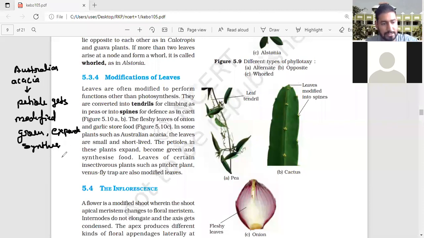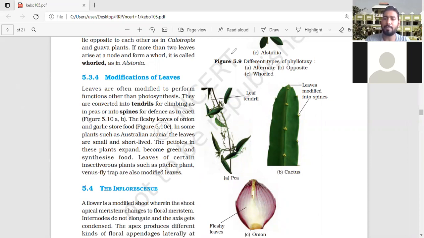Clear? It means the petiole can also perform photosynthesis. The petiole expands and is green already, because the petiole is already green, and since it is involved in synthesis, it is performing photosynthesis. This is the exception, Australian acacia, where the petiole gets modified into a leaf-like structure.